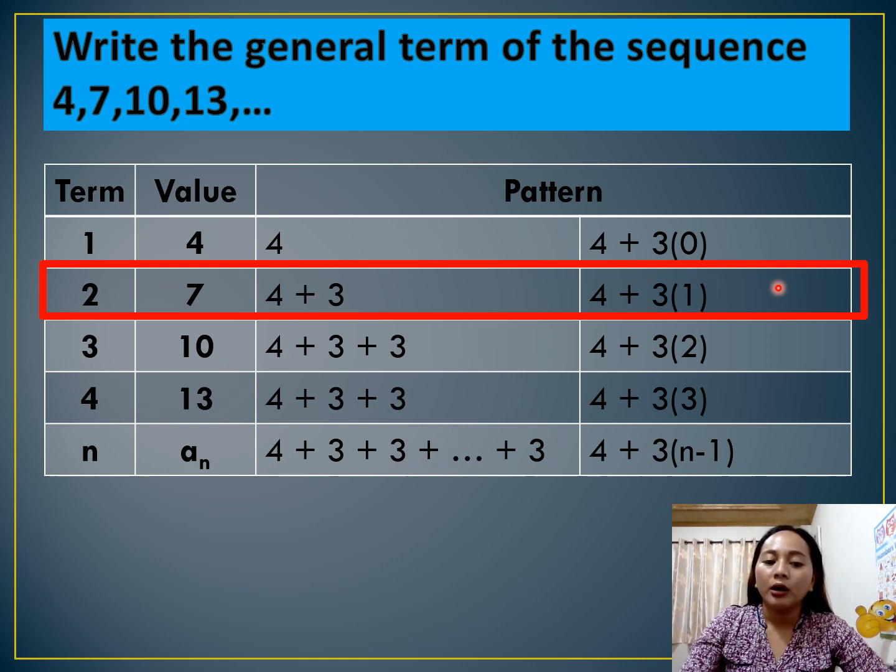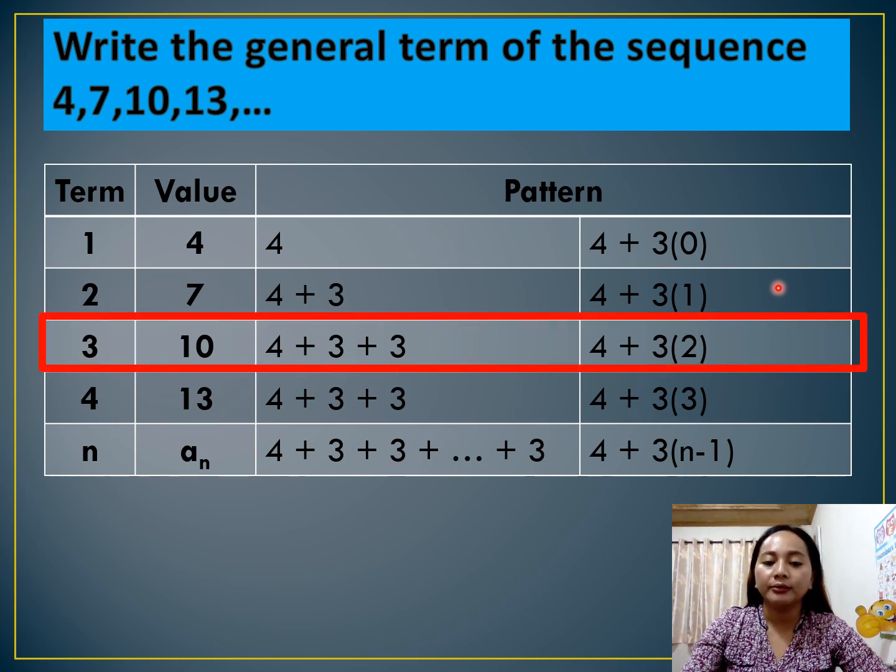Next, the term is 3 and the value is 10. Under this column, 4 plus 3 plus 3, the 4 plus 3 comes from the previous pattern and is just added by 3. And that leads to this part of the table, 4 plus 3 times 2.